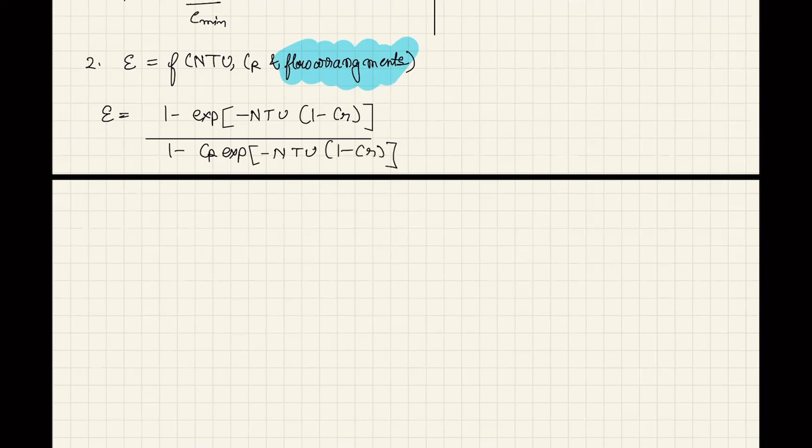This particular expression is for counter flow. For parallel flow, again these are for double pipe.